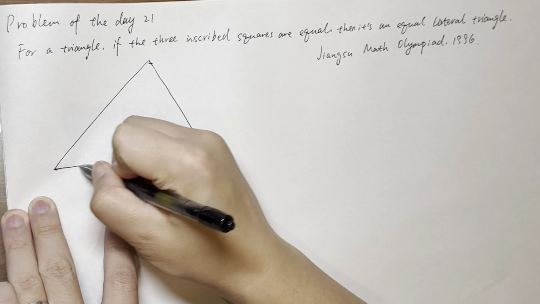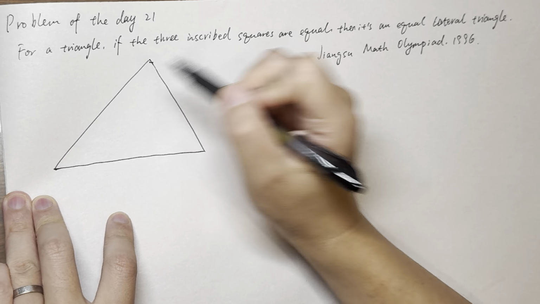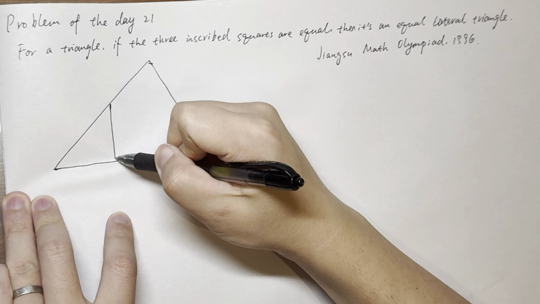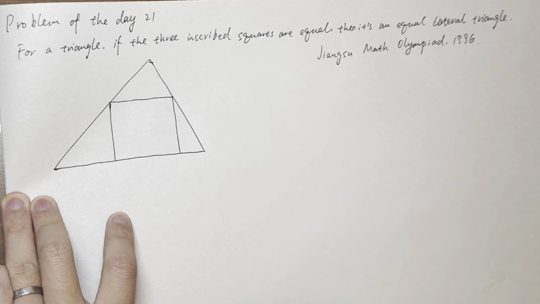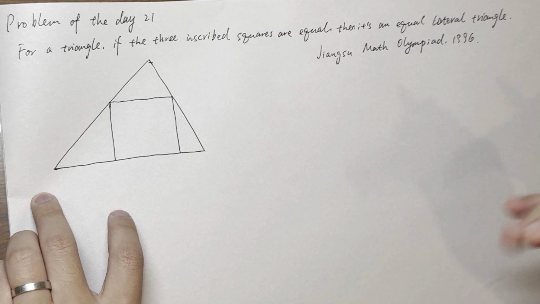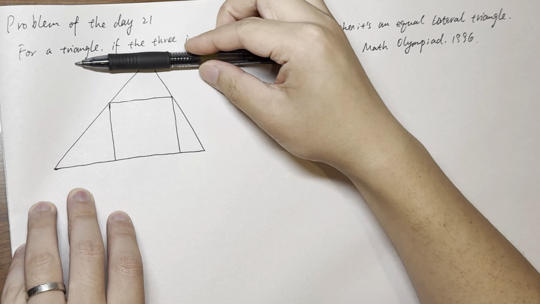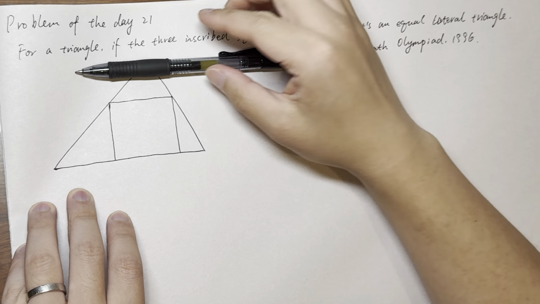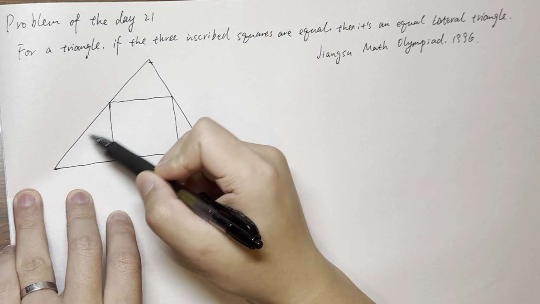First, we draw the triangle here, and we have to understand what an inscribed square is. How do we draw an inscribed square? You can just imagine that I can draw a parallel line. I can draw an infinite number of parallel lines here.